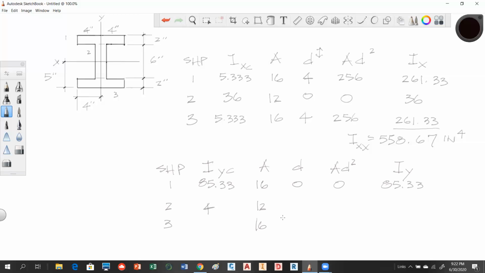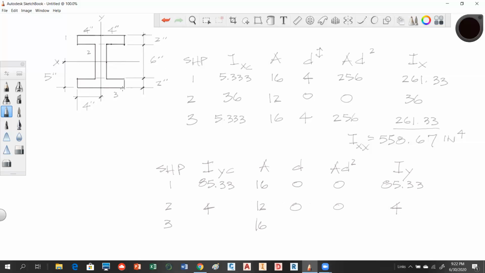Okay, so again, if we look at this, here's your centroidal axis of your composite shape, and that's right on top of the shape's centroidal YY axis. So there's no difference. So distance D, this goes to 0, and this just becomes 4.